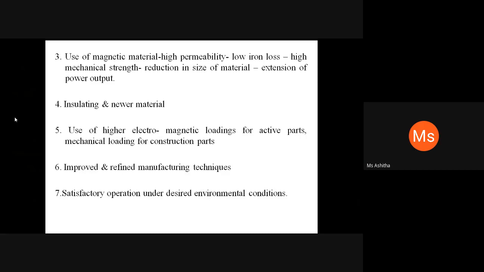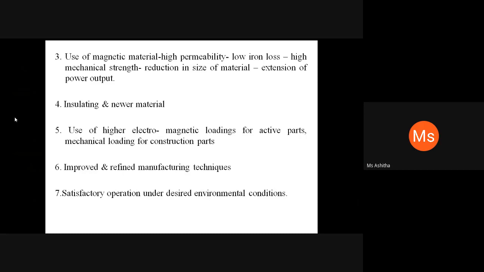The next one is the higher electromagnetic loading for the active parts and increased mechanical loadings for the construction of parts. And the sixth one is that, in order to expedite the process of machine manufacture at a reduced cost, different improved or refined manufacturing techniques are used for the individual machine parts.